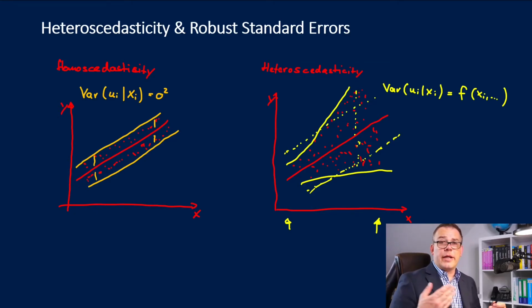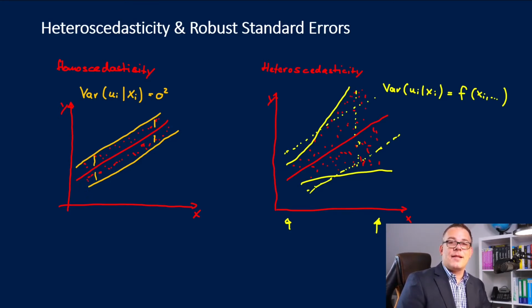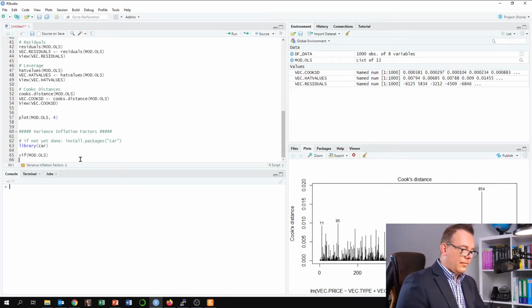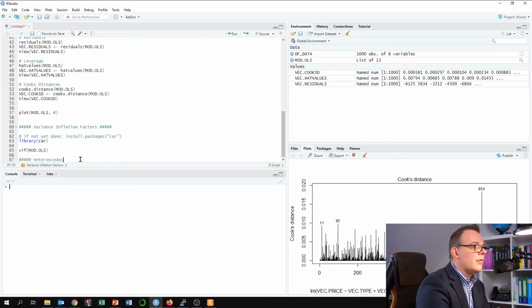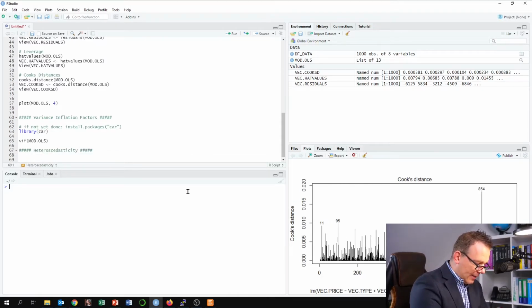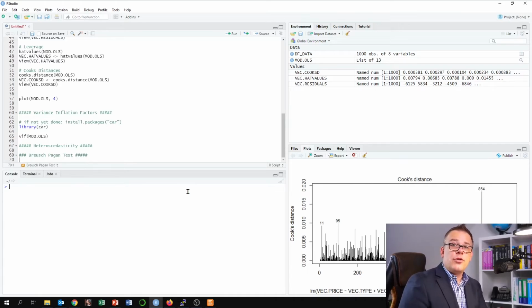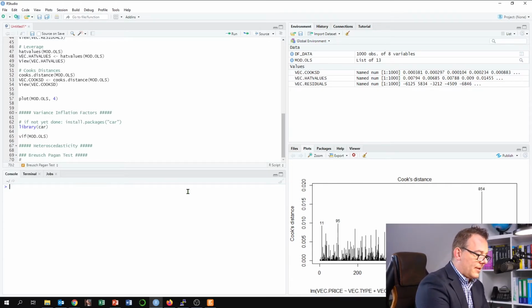Let's go to our studio and let's make a test for heteroscedasticity. Okay, I've just arrived in our studio and I've given you a headline. And the test that we want to perform now is the Breusch-Pagan test. And of course, it is always crucial to know which is the null hypothesis in those tests.